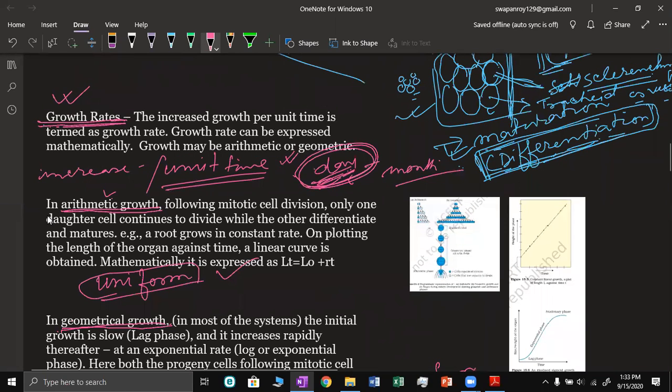So in the arithmetic growth, what happened? Particularly this one we can see in the root and the shoot apices, where the meristematic tissue is there.